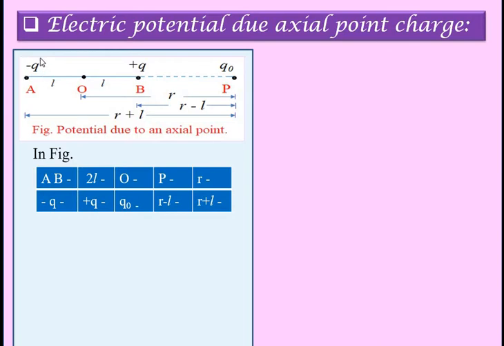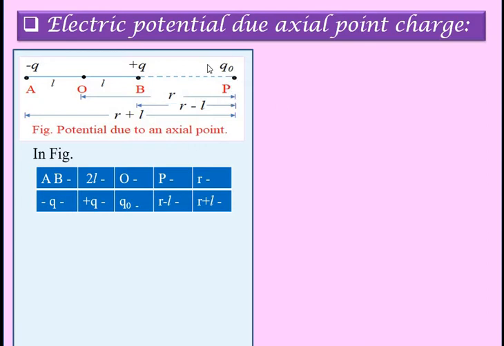Minus Q is the charge placed at point A and plus Q charge is placed at point B, and Q0 is the test charge placed at point P.